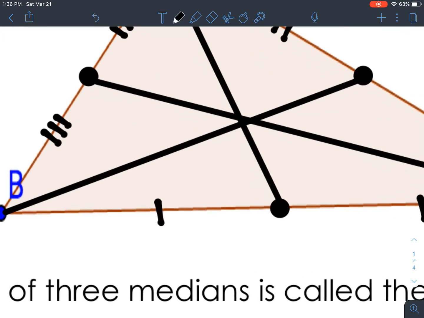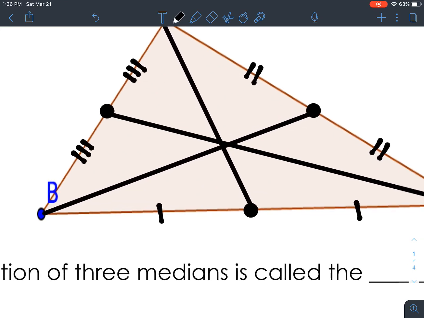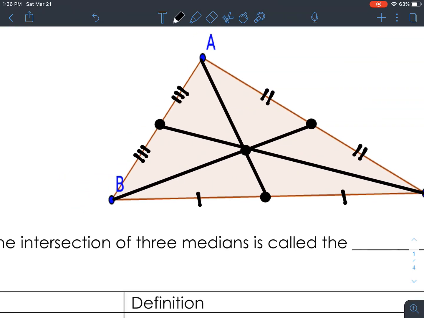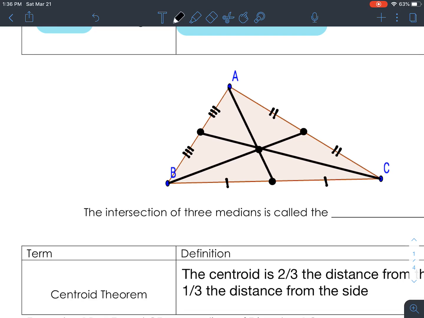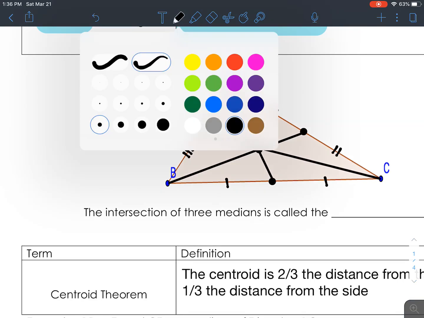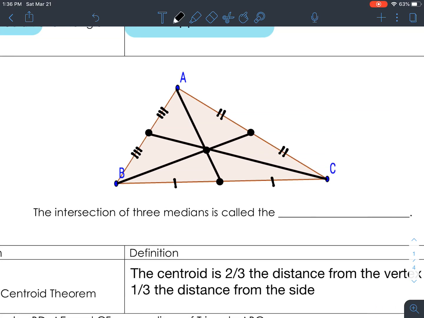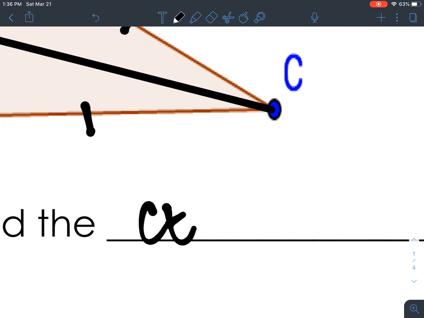Now, obviously mine isn't drawn super to scale, but they should have met at one point. And that's our point of concurrency. Now, that point of concurrency, the intersection of the 3 medians, is called the centroid.